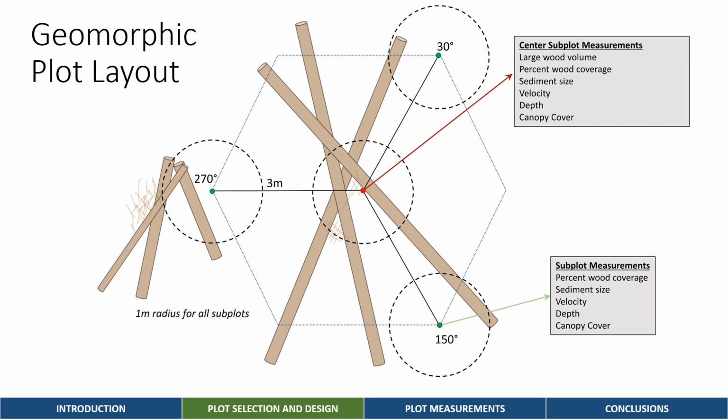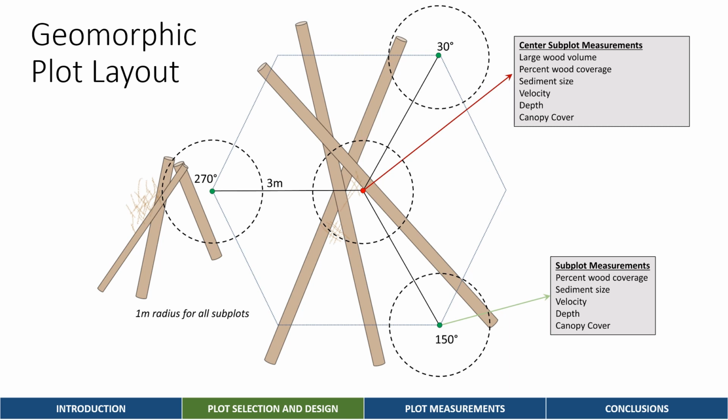We did this because at the South Fork McKenzie River site, there was a huge amount of large wood that was pretty consistently distributed across the floodplain. So it was taking a really long time to measure large wood at all of the exterior subplots too. However, for future use of the geomorphic field plot method, I do recommend that you also measure large wood at the exterior subplots. And I'll go into specific measurements in the following slides.